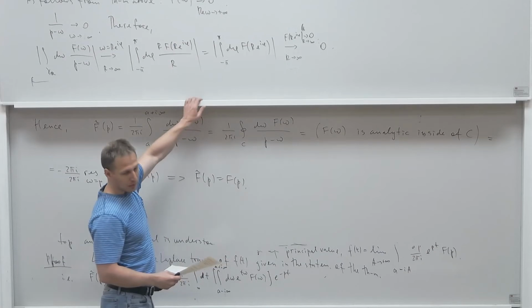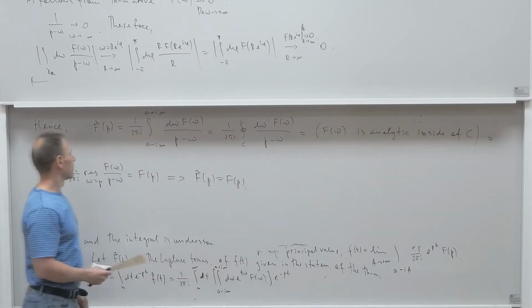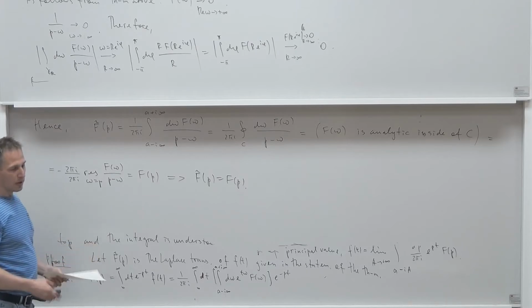And so when we change the direction of the contour C, this minus sign disappears.